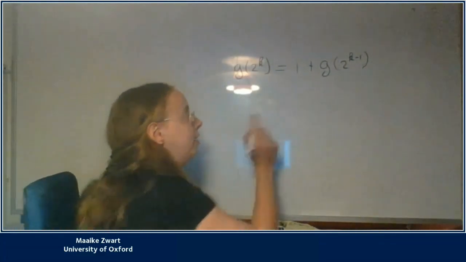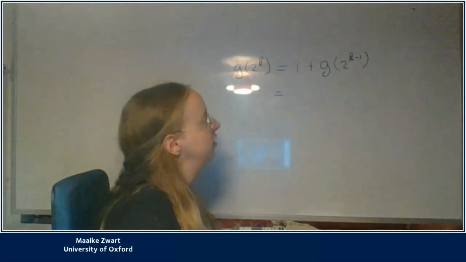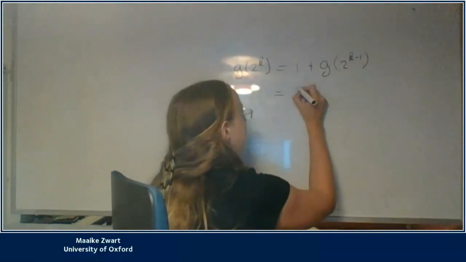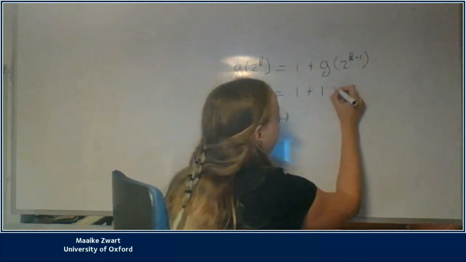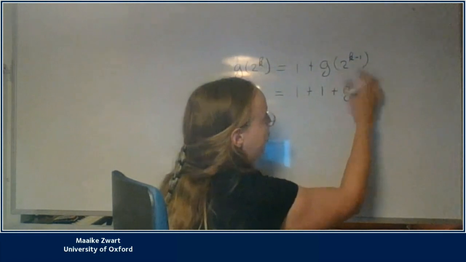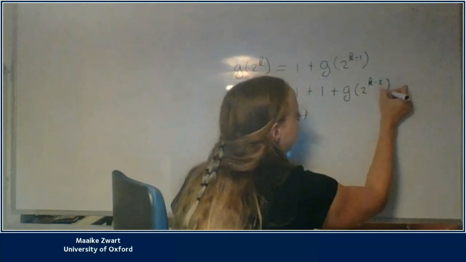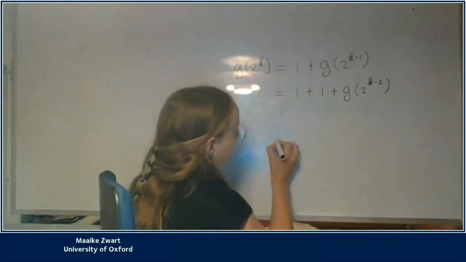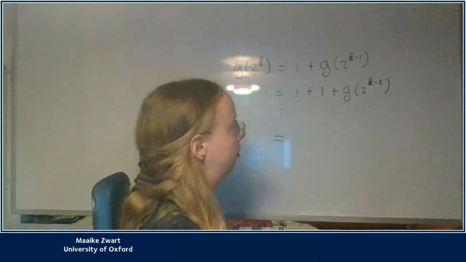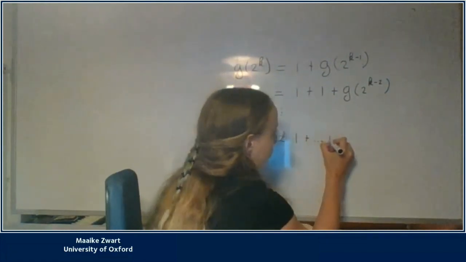That is interesting. I'm going to write it out one more time. Because 2 to the k minus 1 is again even if k is big enough, that'll be 1 plus 1 plus g of 2 to the k minus 1 divided by 2, which will be 2 to the k minus 2. And this one continues until we reach 2 to the power of 0. So we're just going to have a big sum of 1s.